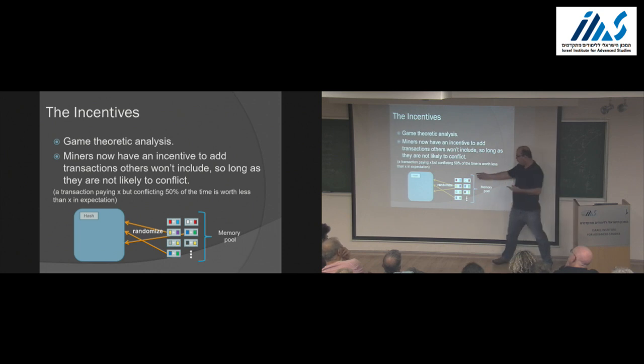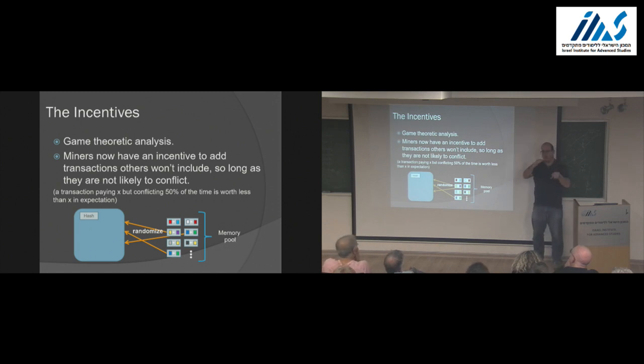And you weigh your randomization based on the fees that you're going to get paid. So let's say the top 1 megabyte of transactions would pay you fee X. If you go just below the top, maybe you get X minus epsilon in fees, but if the other guy is just choosing transactions from the top, you have a probability 1 of getting paid for that transaction, so it's worth it.